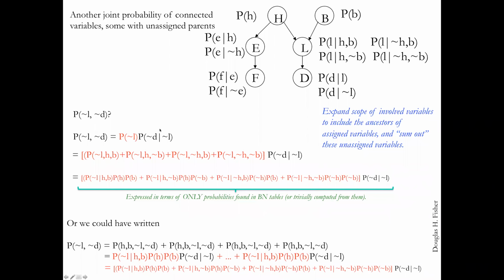Instead of pulling this out right away, I could have simply expanded the probability of L and D and summed over, expanded to the parents of L in this case, looking at the probabilities of not L, not D, and all possible patterns of H and B here. So there's a typo here. I'll fix it before I put the slides online.